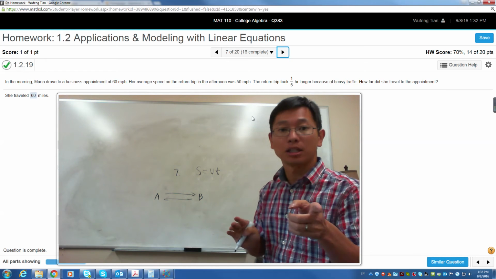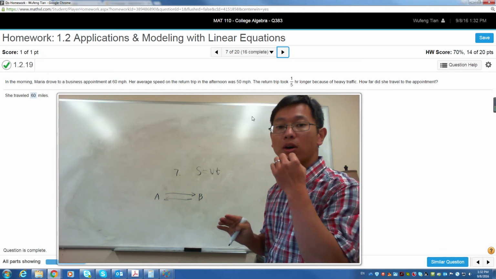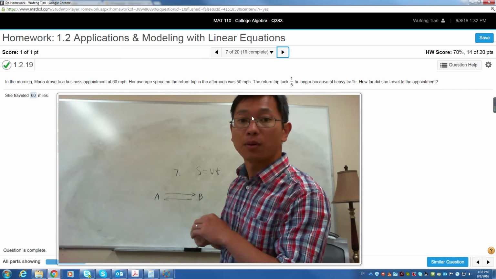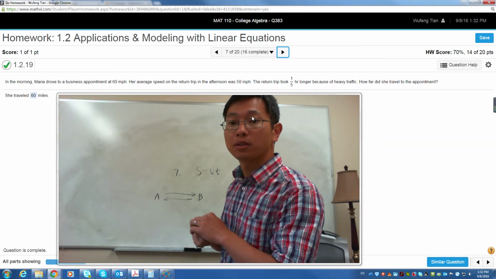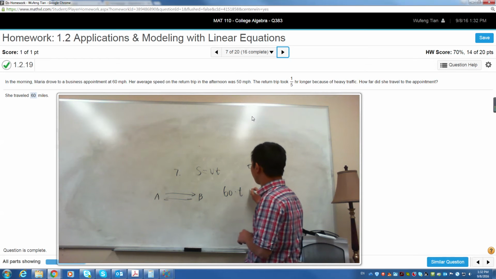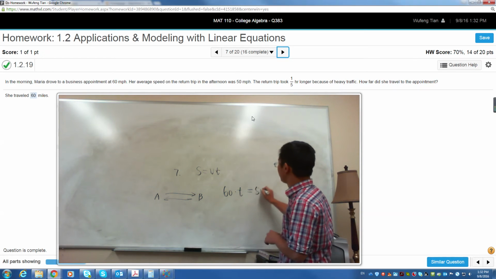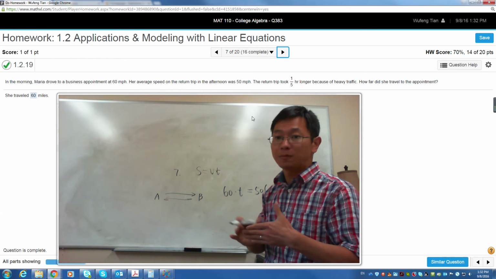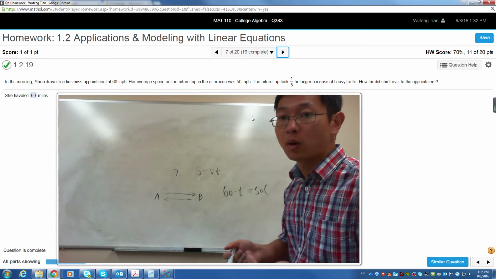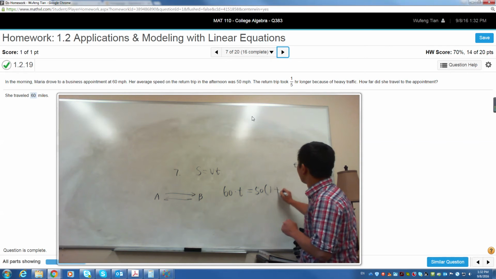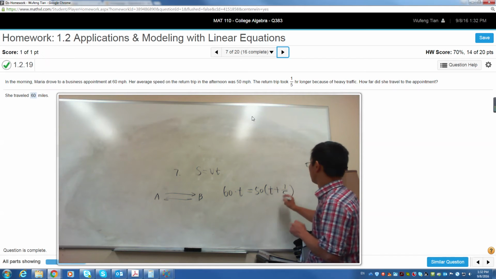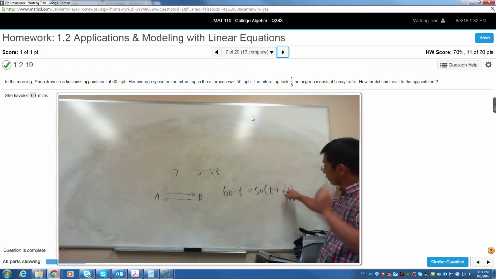Driving there at 60 and returning in the afternoon at 50, so 60 times t equals 50 times the return time. But if your speed is lower, you have more time. So it's 50 times t plus 1/5, since the return is 1/5 hour longer.